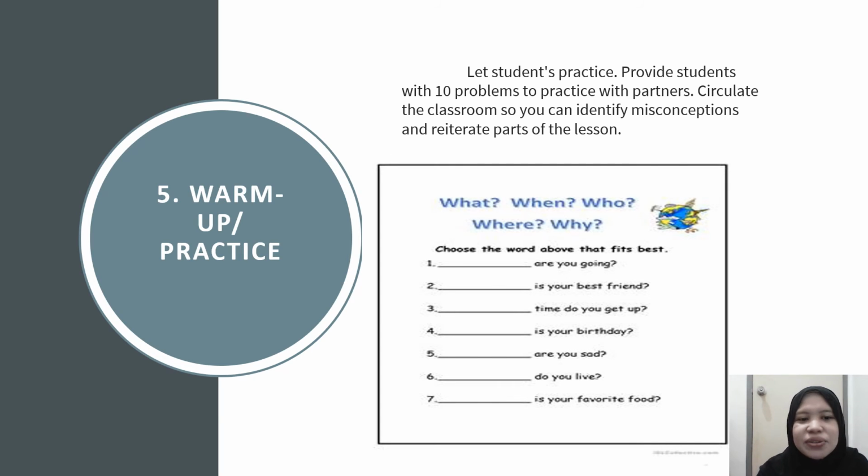Give your students a worksheet and let them answer to see if they know how to construct a sentence, using WH questions: what, when, who, where, and why. For example, number 1, blank, are you going?